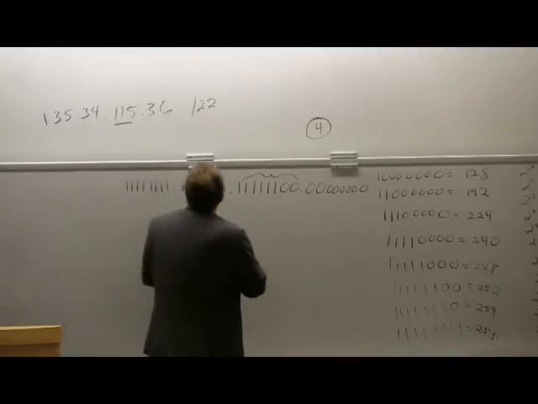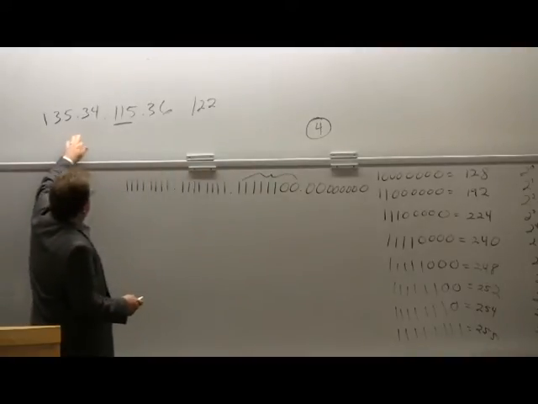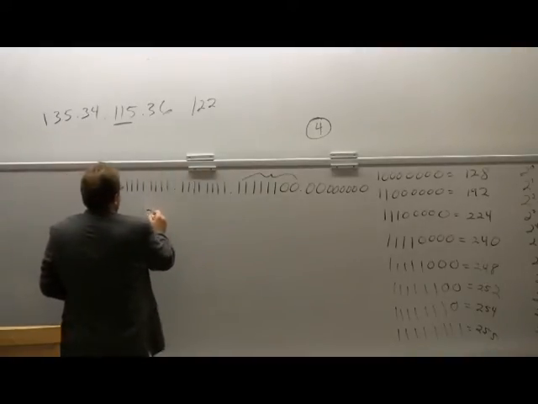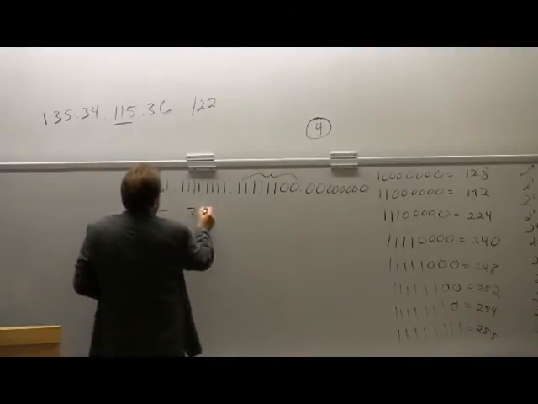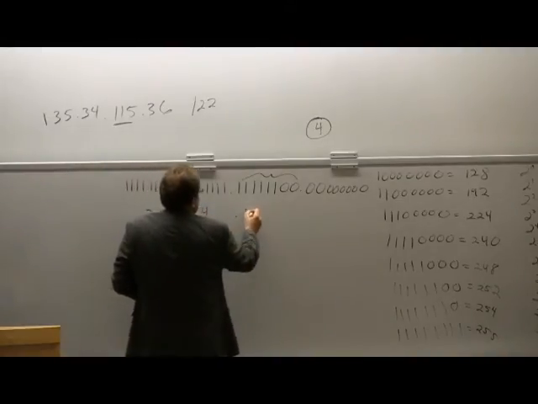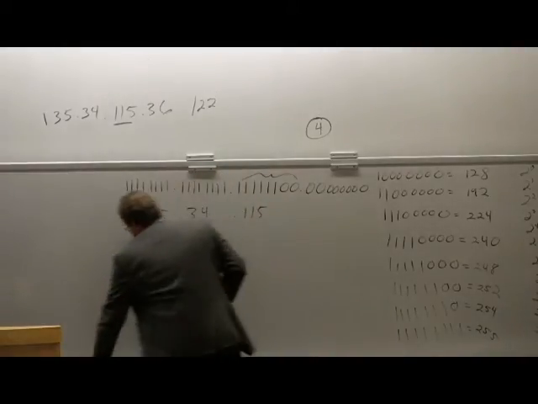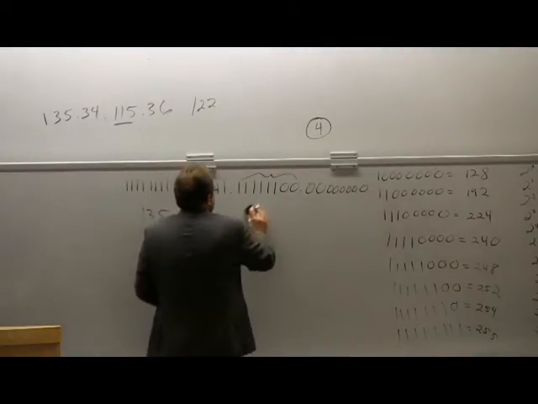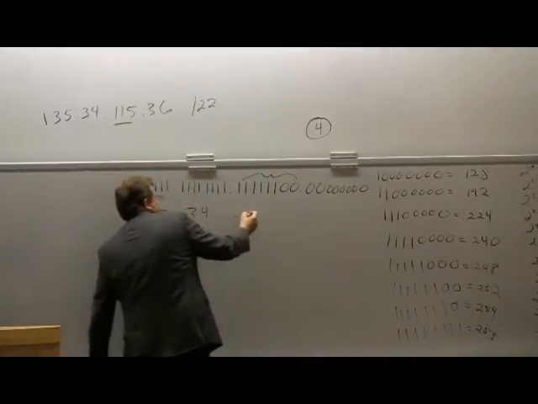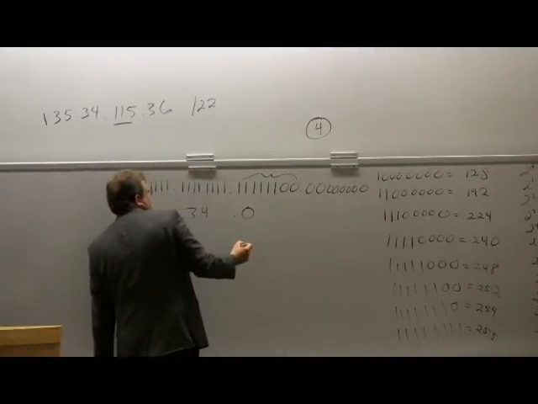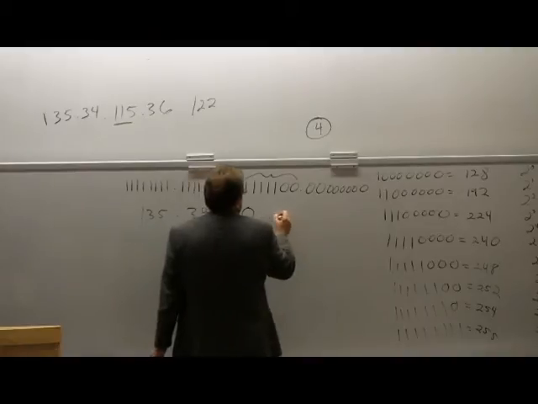So the networks are going to be 135.34.115. I'll write it out. Oops, sorry, that's the octet of interest. So the first one will be 0. Dot 0.